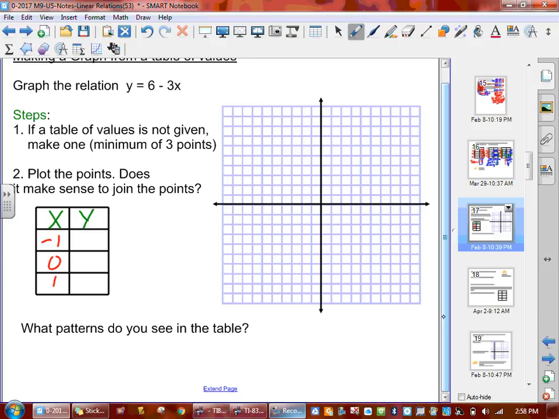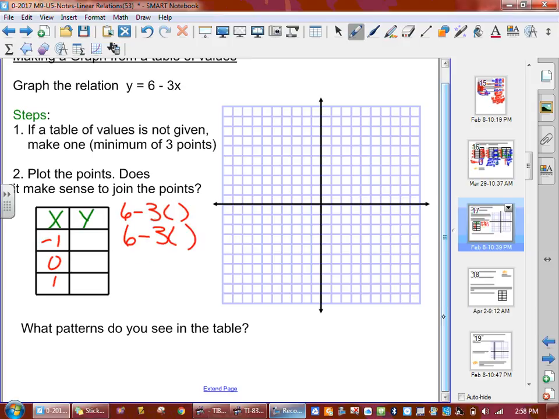All right, so now what I'm going to do is I'm going to write this guy 3 times. So 6 subtract 3 times a number, 6 subtract 3 times a number, and then 6 subtract 3 times a number again. And all of these are going to give us the answer to what's filling in our y box. So we know how far the y goes.